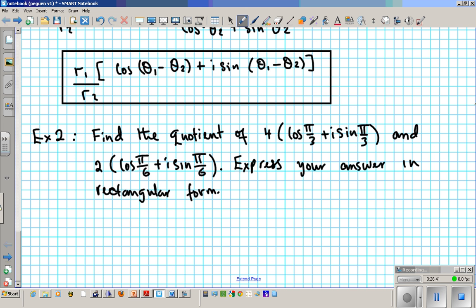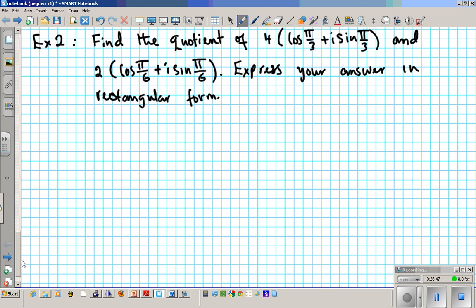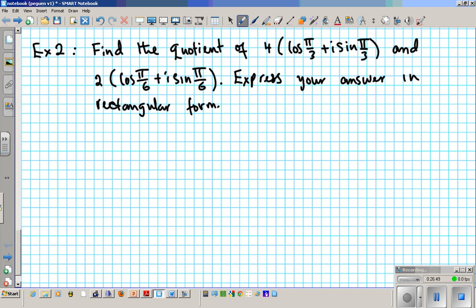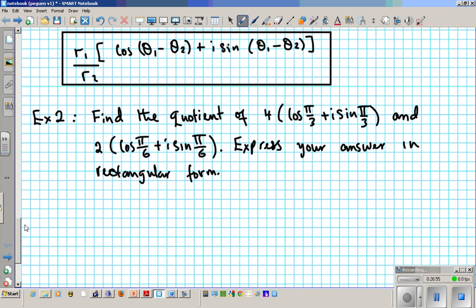Okay? Alright, so let's do this. We're gonna use a formula. The formula tells us that we have two complex numbers. When you take the quotient, you divide the radii, or the absolute value. So we're gonna do 4 divided by 2, because this is R1 and this is R2.